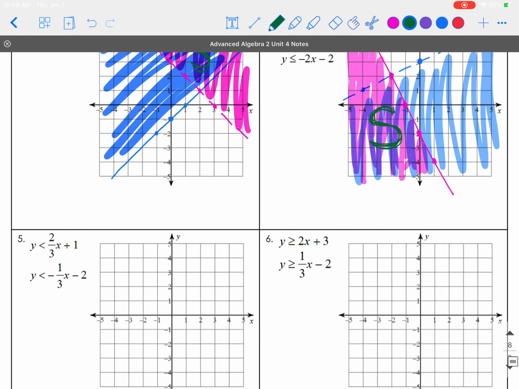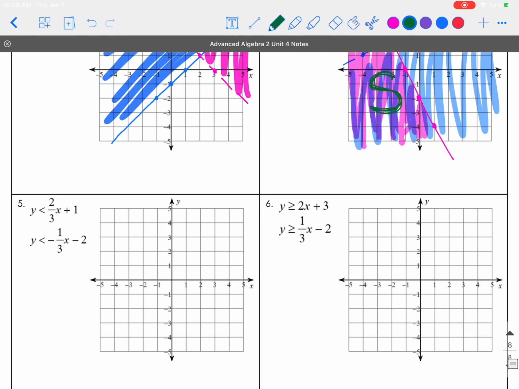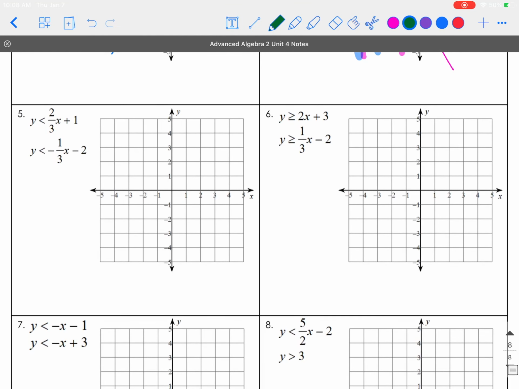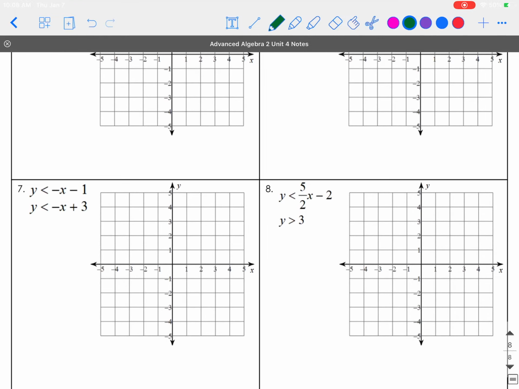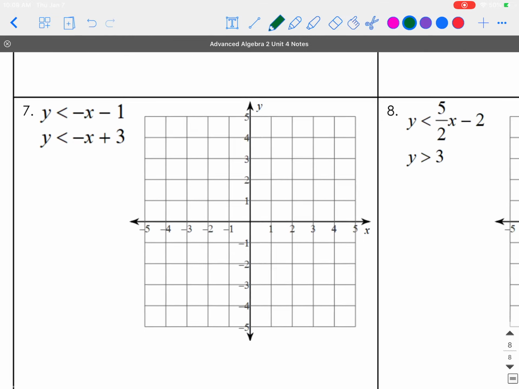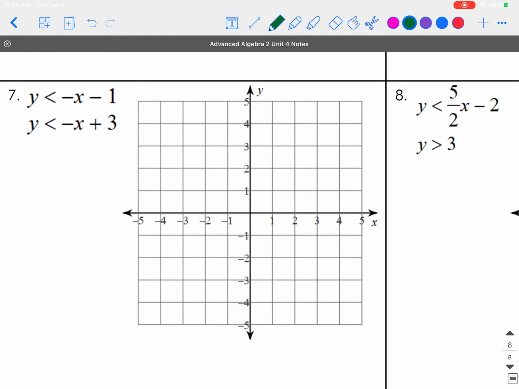I'll pick 2 more to do. We'll do the last 2. Number 7. You notice these have the same slope, so they're parallel. That does not necessarily mean they have no solution.